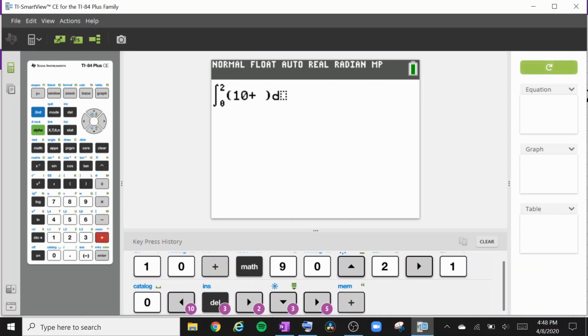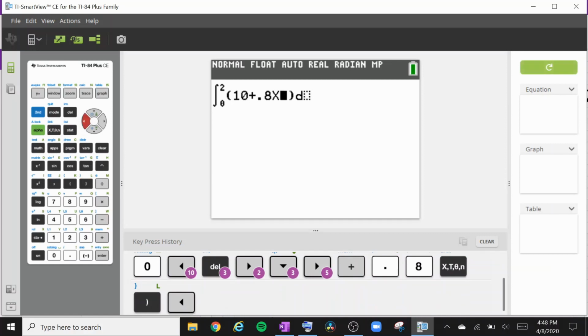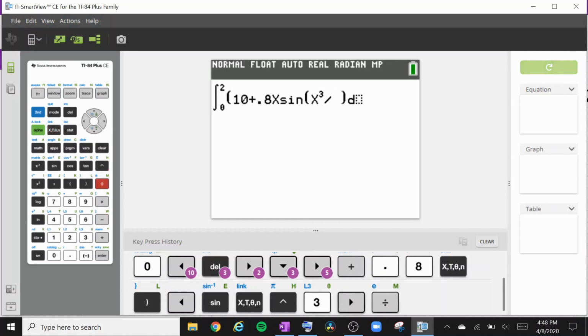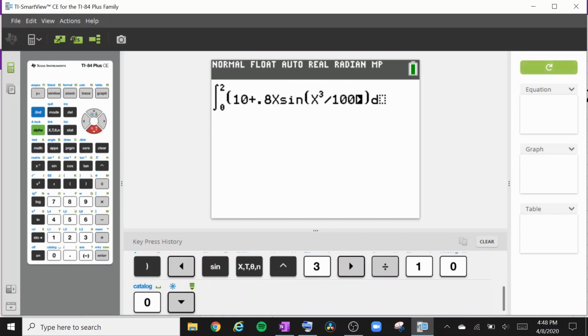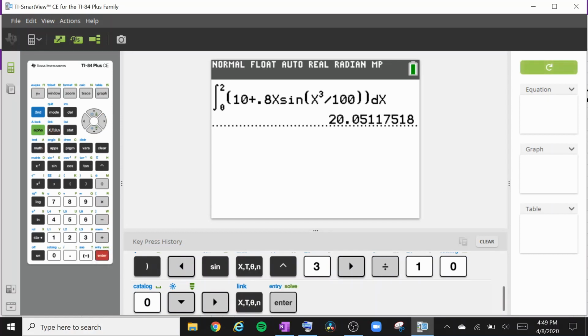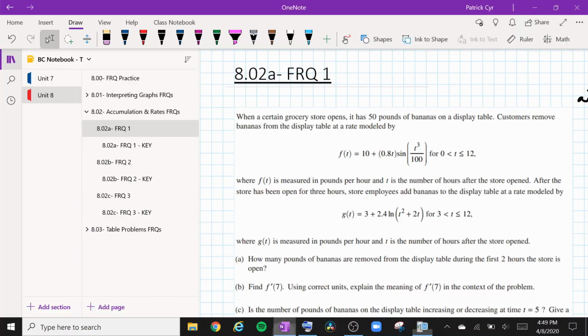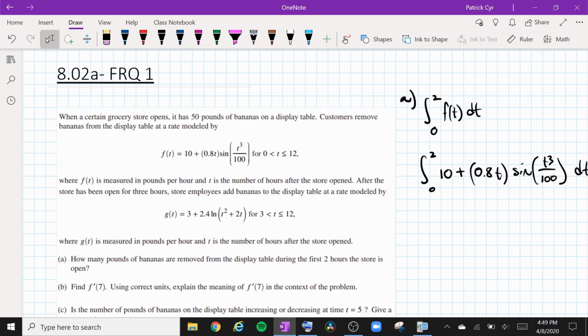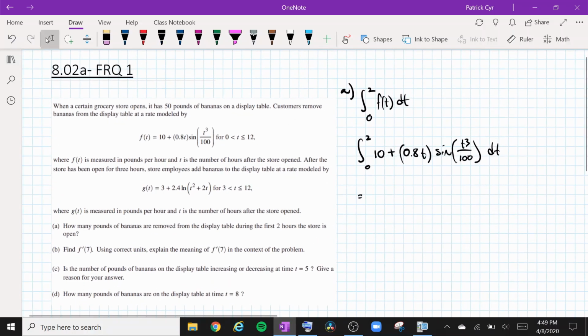So 10 plus 0.8x times sine of x cubed divided by 100. The value of this rate, the integral of the rate, is going to give us the amount. So 20.051, and we're going to round to 3 decimals. So this integral is equal to 20.051 pounds.